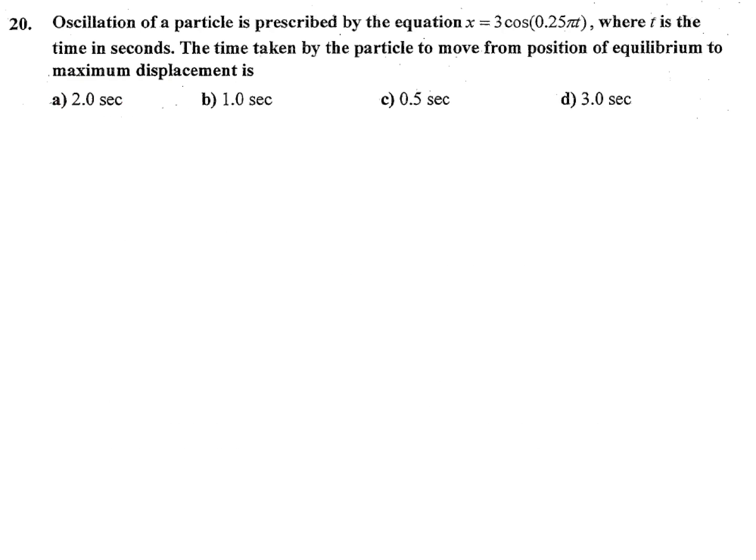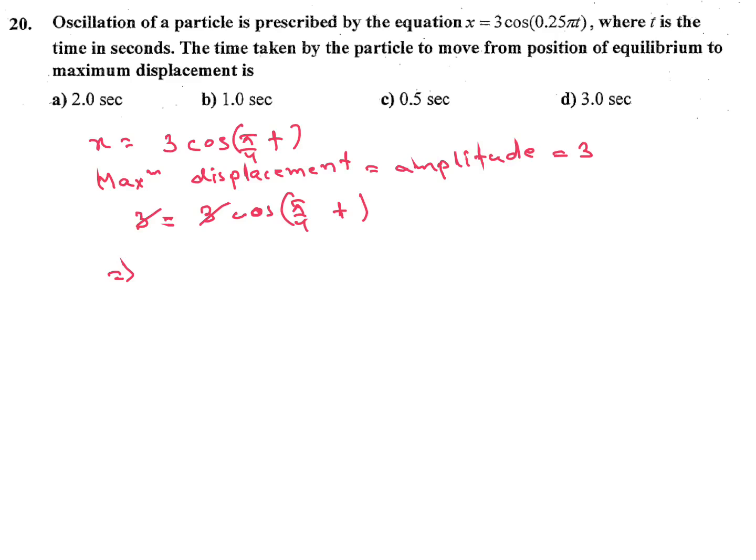Oscillation of a particle is prescribed by the equation x = 3 cos 0.25πt, where t is the time in seconds. The time taken by the particle to move from position of equilibrium to maximum displacement. This one already discussed, so directly I am solving this. Here 0.25 is 1 by 4. So we write displacement equation x = 3 cos π/4 t.